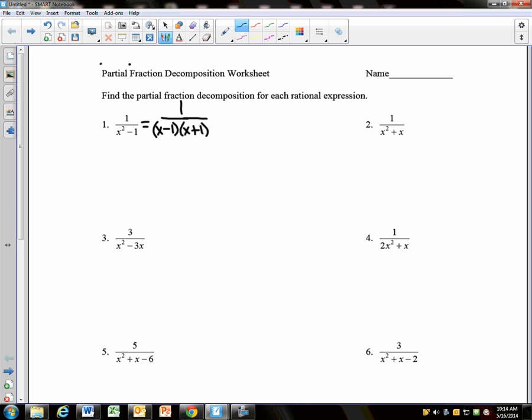Okay, so now I'm going to split it up a little bit. Would you agree that that came from something, namely it came from this fraction?